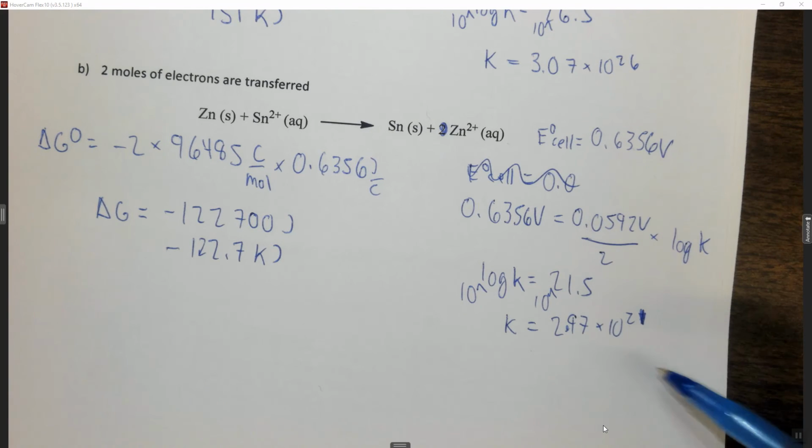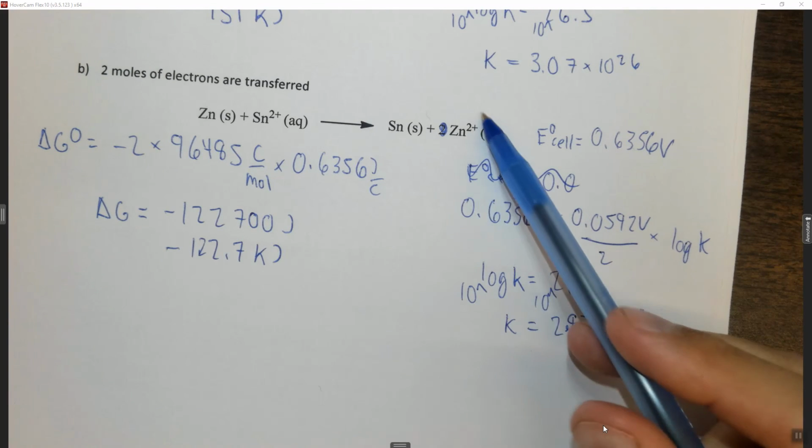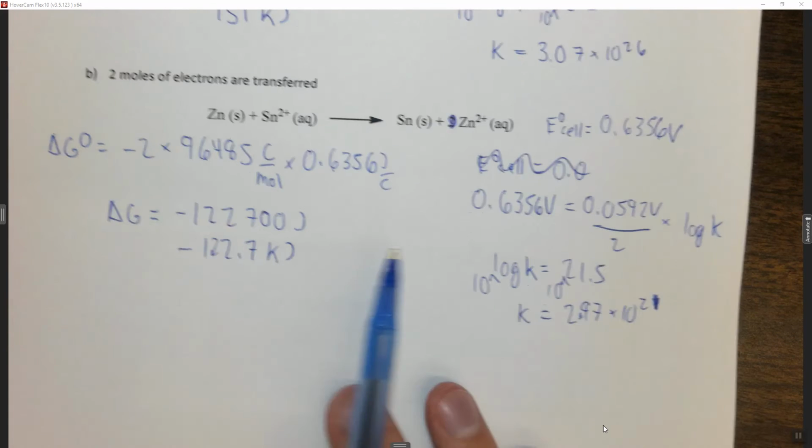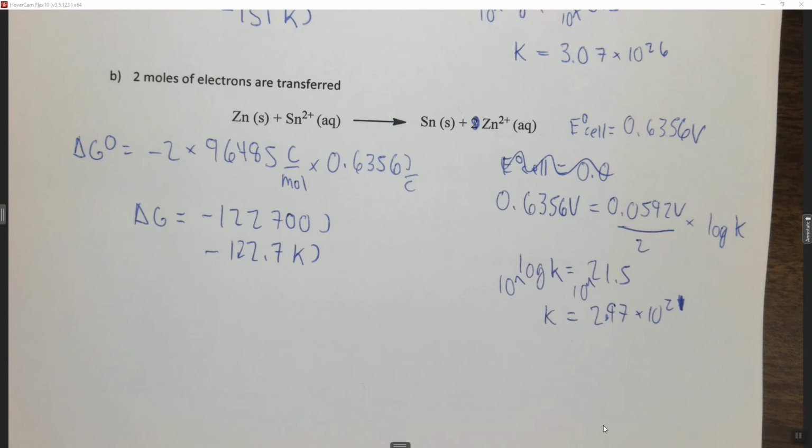Again, a very large number for K means we have a lot of product and not very much reactant, because K is products over reactants. So that is how delta G, Ecell, and K are related to one another.